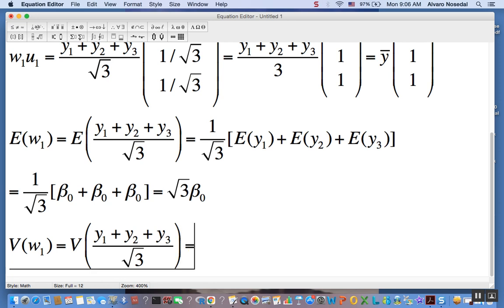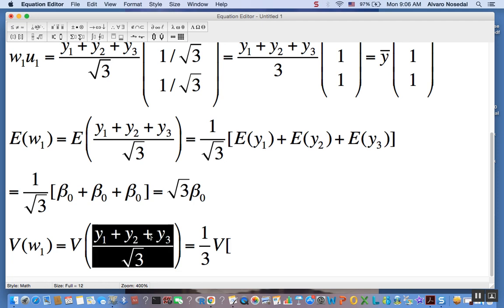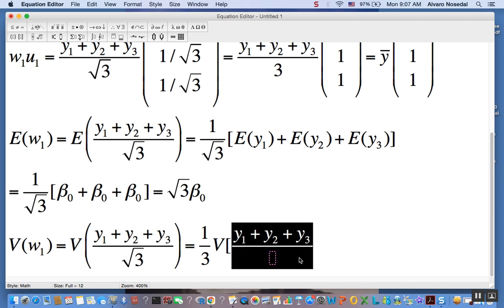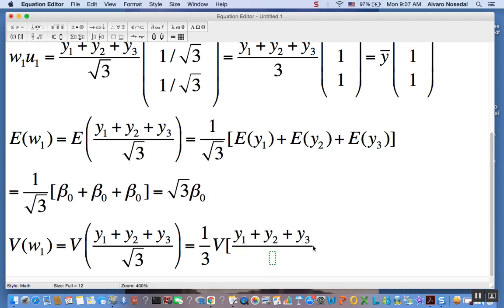We know that we can factor out that constant, but we have to square it. In that case, we end up with 1 over 3 times the variance of that sum. Let me write it down like this.